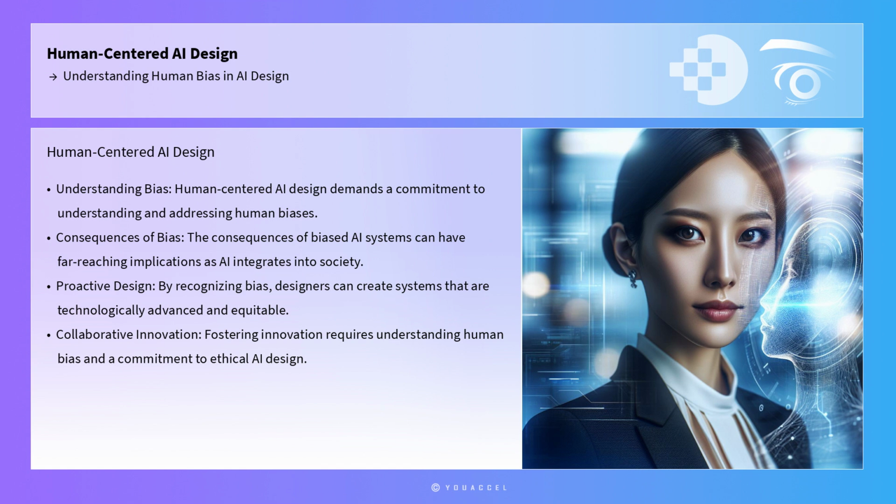This approach not only enhances the effectiveness of AI systems, but also ensures that they serve the diverse needs of society. As AI becomes an integral part of human teams, fostering collaborative innovation between humans and machines necessitates a deep understanding of human bias and a steadfast commitment to ethical AI design.